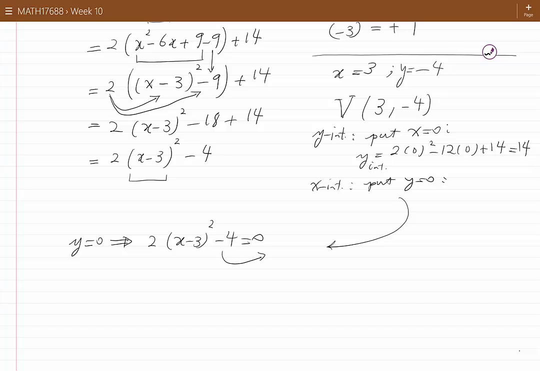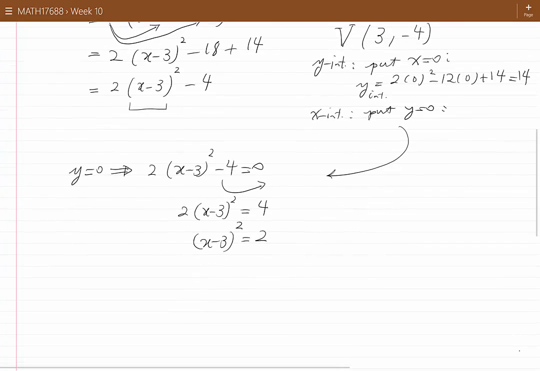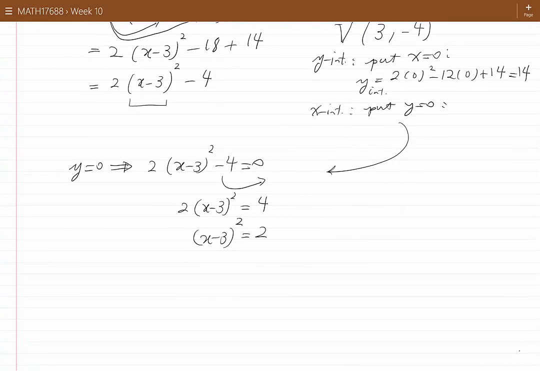You would have 2 times (x minus 3) squared is equal to 4. Divide both sides by 2 and you would have (x minus 3) squared is equal to 2. Now take the root from both sides of this equation. You will have x minus 3 is equal to plus or minus root 2. And that means that x is 3 plus root 2 or 3 minus root 2.